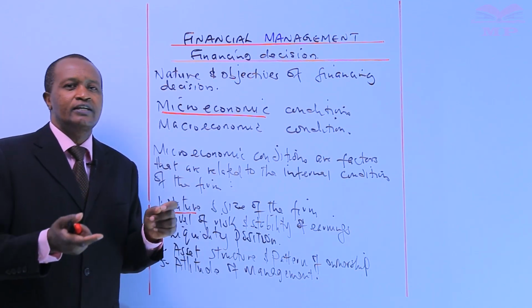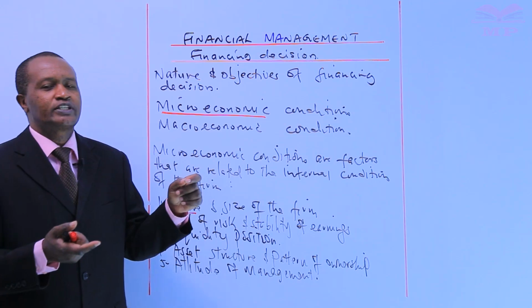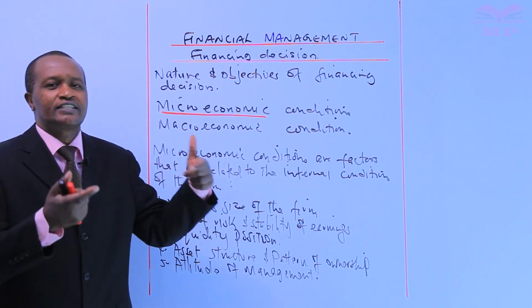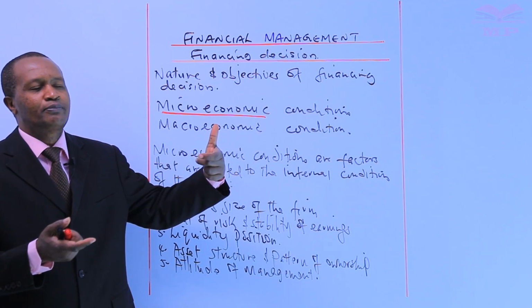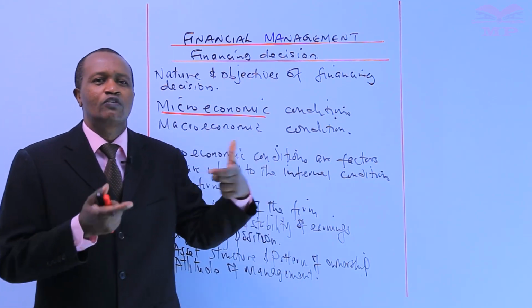So the investment of Toyota in fixed assets will be larger, and therefore the capital structure will have a larger share of long-term capital.